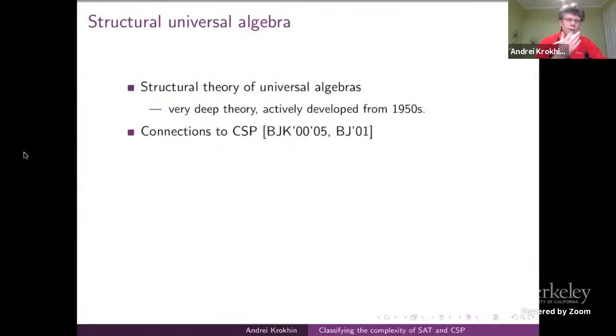Now let me move on and look at structural universal algebra, which is somehow the next step from what Jeavons did by bringing some kind of universal algebra into the CSP business. So structural theory of universal algebras is an independent field. It's a very deep theory that was actively developed from the 1950s with lots of very, very deep results.